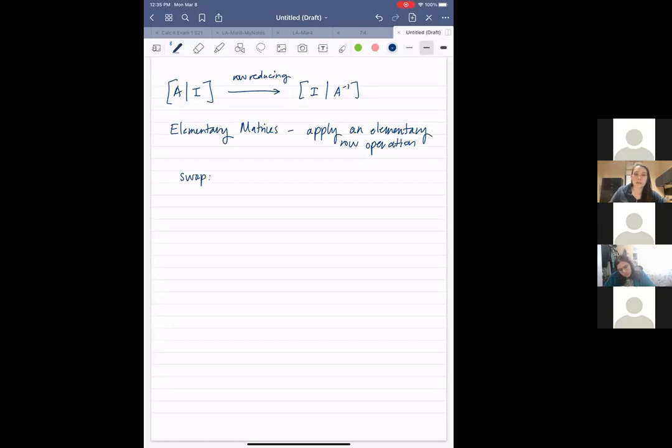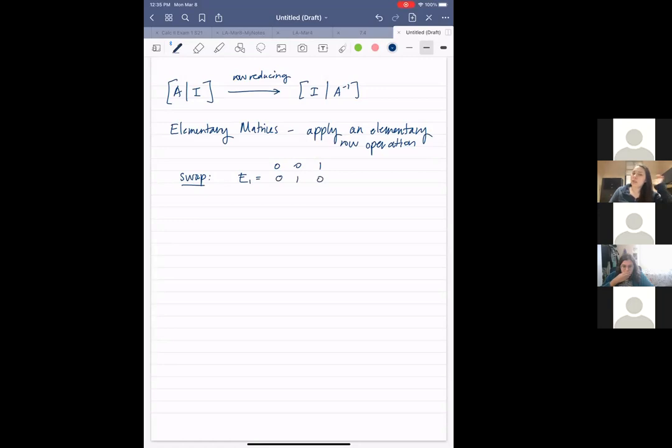If we want to swap two rows, we'll call this E1. We take the identity matrix and swap whichever rows we want to swap, say rows 1 and 3. I'm going to do the example for a 3 by 3 matrix. Instead of having 1, 0, 0, we replace that with 0, 0, 1.